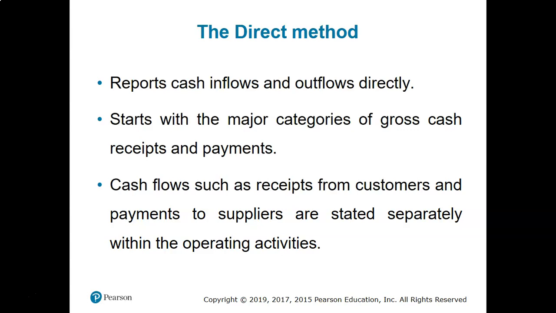The major sources are revenues from sales and operations. And the major areas where we spend are the purchase of raw materials, payment of salaries, rent, advertisement, and this kind of major expense. We start with those. And cash flows such as receipts from customers and payments to suppliers are stated separately within the operating activities.